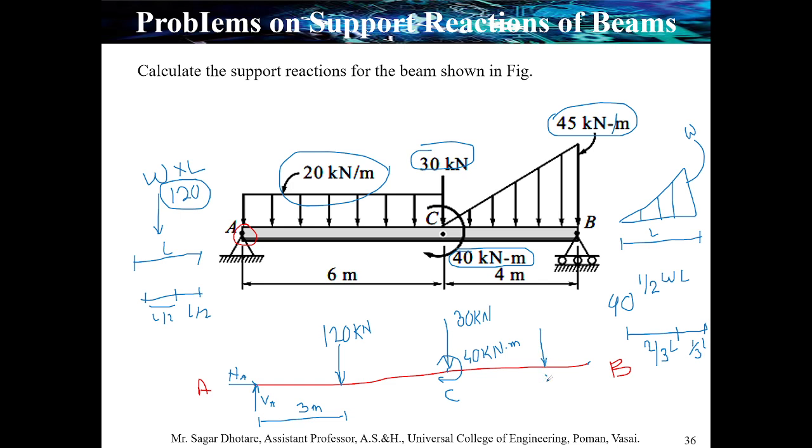The distance from B side will be 4 by 3 meter, and the distance from C to that single point load is 8 by 3 meter. With the help of a calculator you can directly find the exact values.